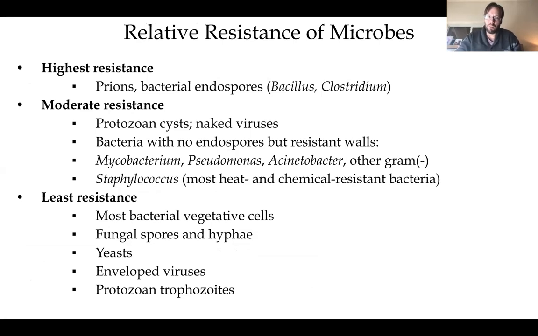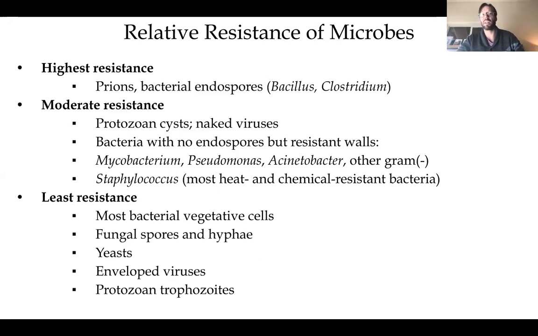In the middle zone, you have things like protozoan and naked viruses. So what's a naked virus? It doesn't have an envelope. And we talked about them being more stable than enveloped viruses. Bacteria that don't produce endospores, but have a nice thick cell wall are going to be moderately resistant.